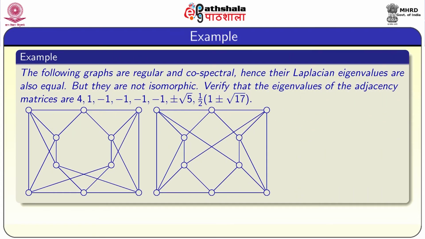Now, this is another example. The following graphs are regular and co-spectral, hence their Laplacian eigenvalues are also equal, but they are not isomorphic. So, these are examples of non-isomorphic graphs whose Laplacian spectra are equal. Verify that the eigenvalues of the adjacency matrices are 4, 1, minus 1, minus 1, minus 1, minus 1 and plus or minus root 5 and 1 by 2, 1 plus or minus root 17.